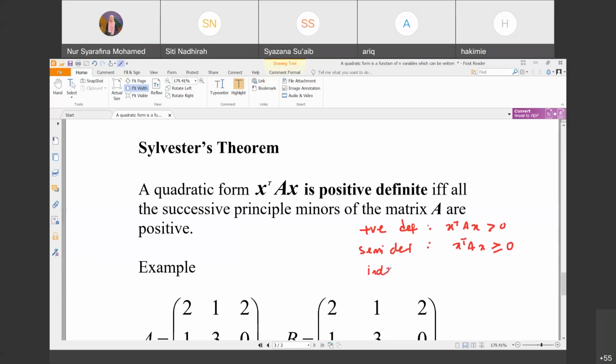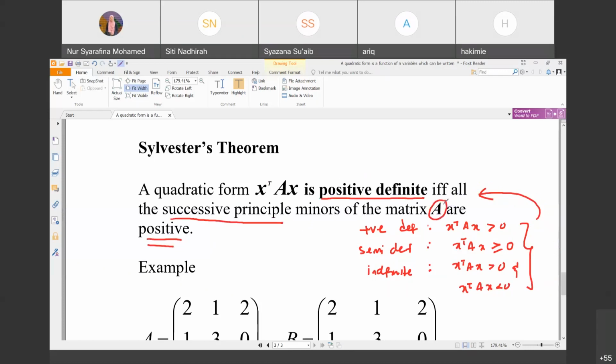And for indefinite, it is a mixture of positive and negative values. So, in order to apply Sylvester's theorem, we can say that it is positive definite if and only if all the successive principal minors of the matrix A are positive.